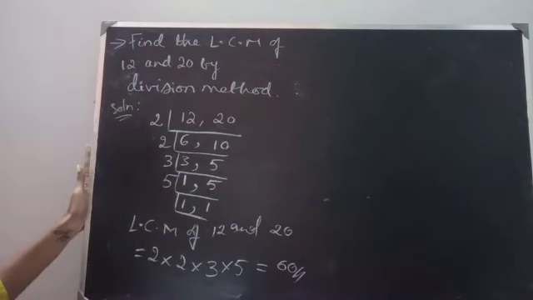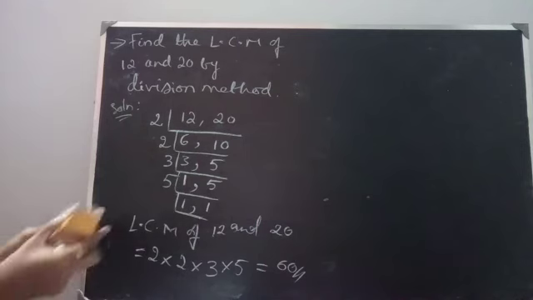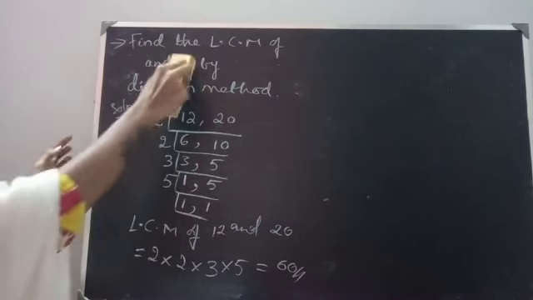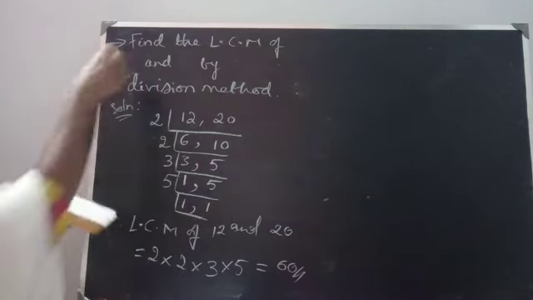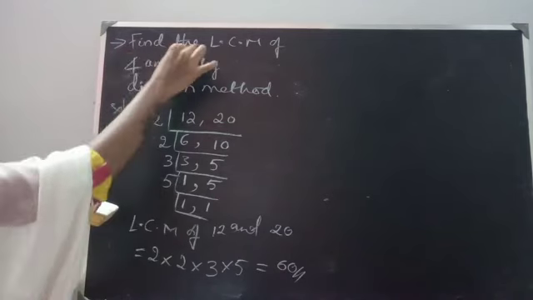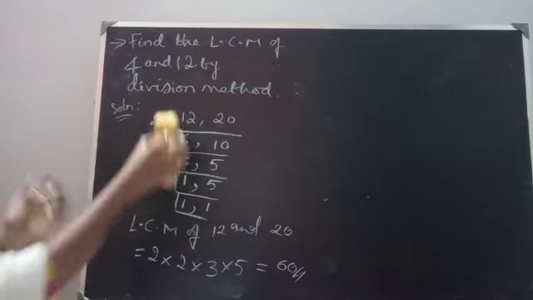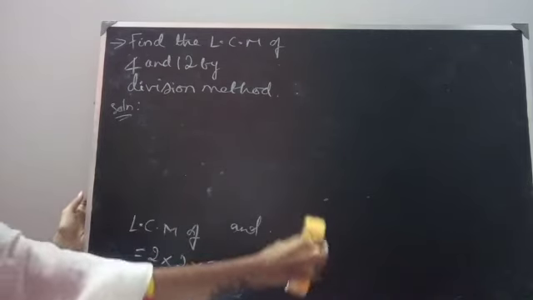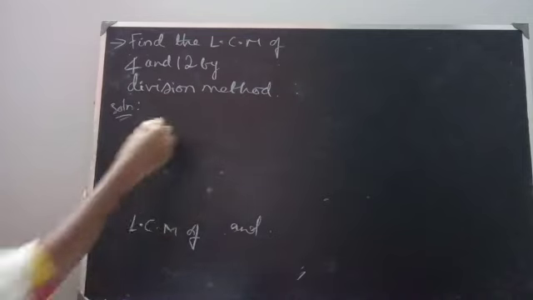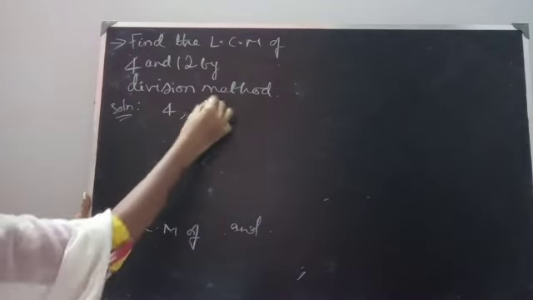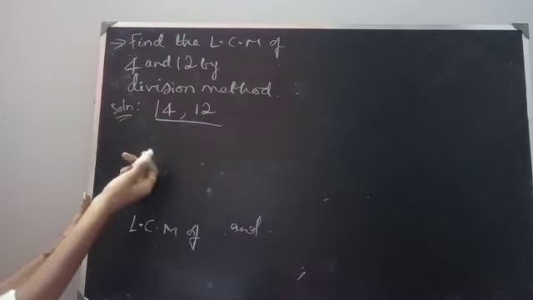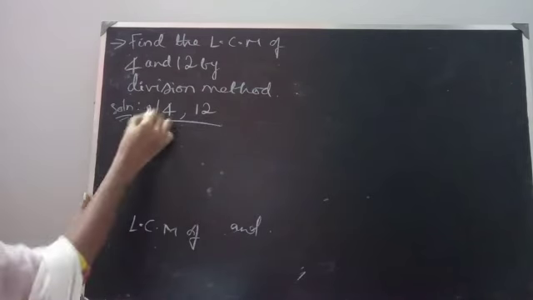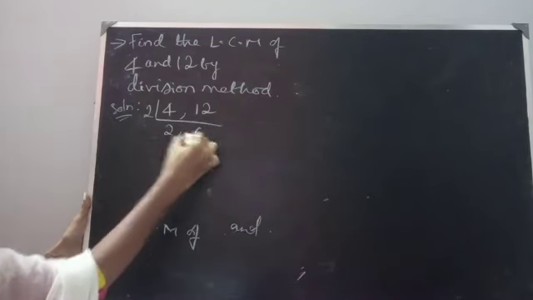Okay. Again you can check for 4 and 12. 4 and 12 are exactly divisible by 2. 2 twos are 4, 2 sixes are 12.